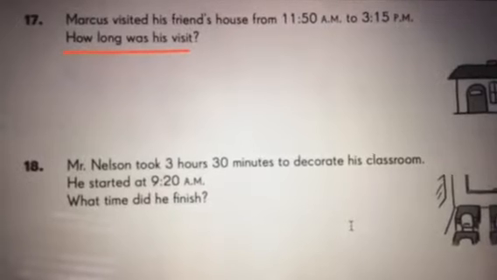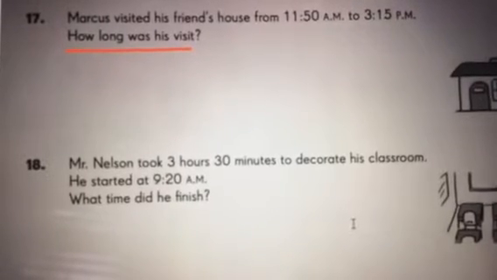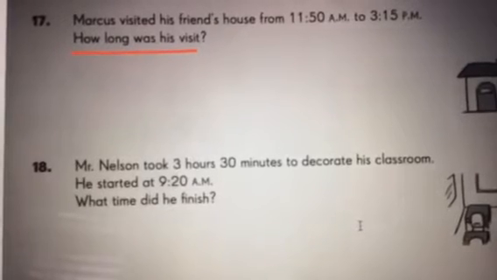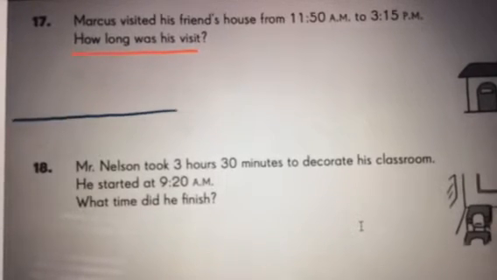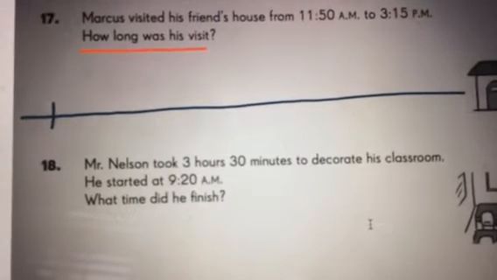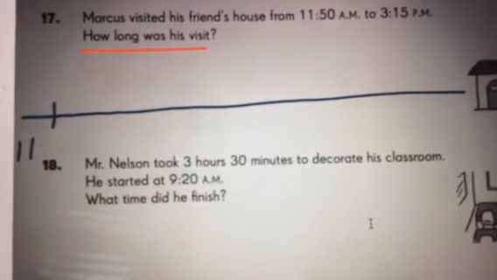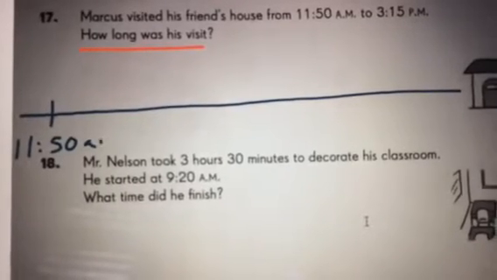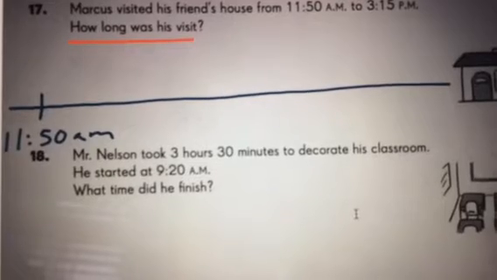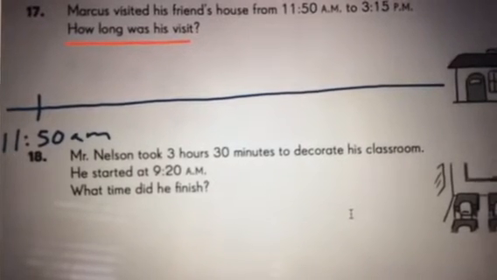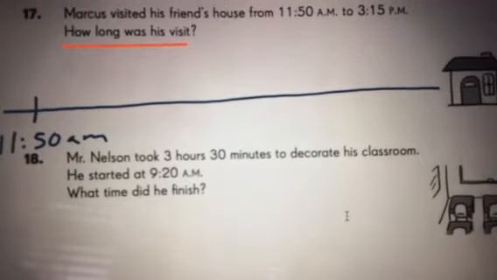So make sure that you have that question in mind so that you know what to answer at the very end. So let's go ahead and draw our timeline. And you know that Marcus started his visit at 11:50 a.m. AM, of course, means morning time, and PM is afternoon into evening.